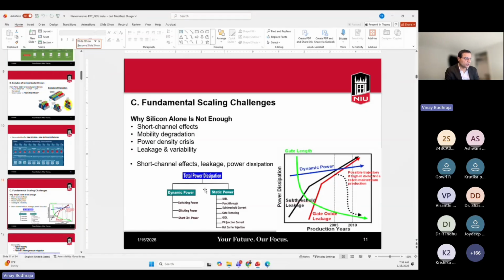The total power dissipation, either dynamic power or static power, faces different challenges like switching, glitching, short circuit, drain induced barrier lowering, punch through, sub threshold, gate tunneling, and hot carrier injection.